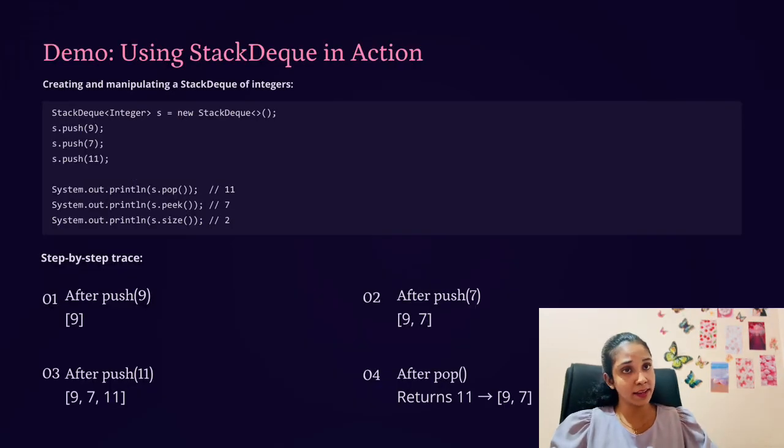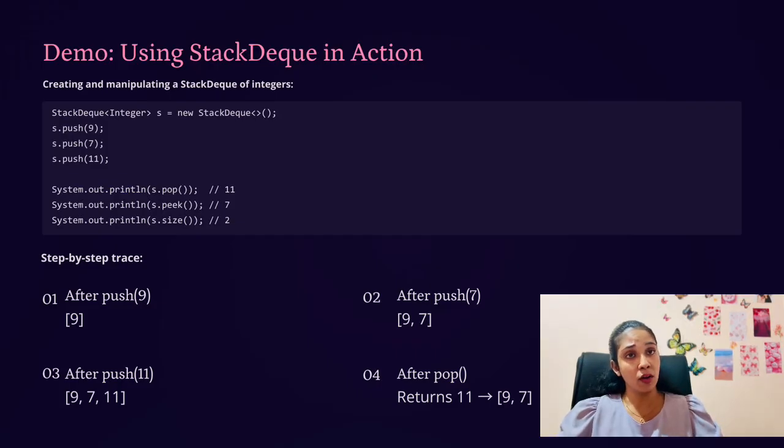Demo: using StackDeque in action. Here we test our stack with integers. We create a new StackDeque of Integer and push three numbers: 9, 7, and 11. After each push, the stack has 9, then 9, 7, then 9, 7, 11. Next, when we call pop, it removes the top element, that is 11.